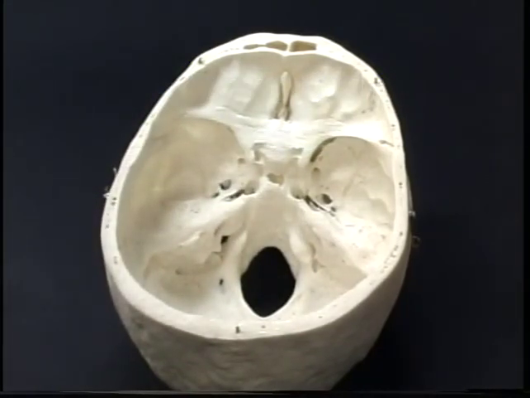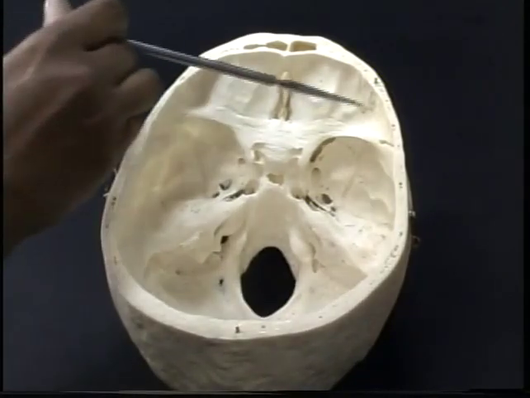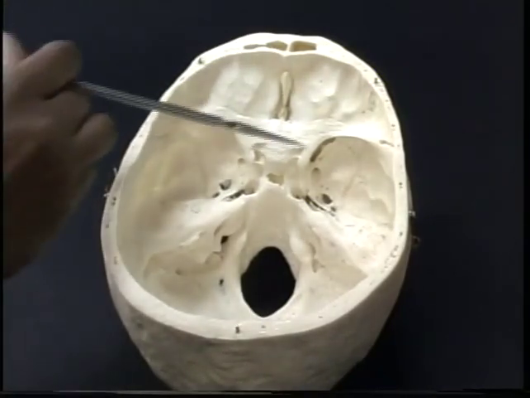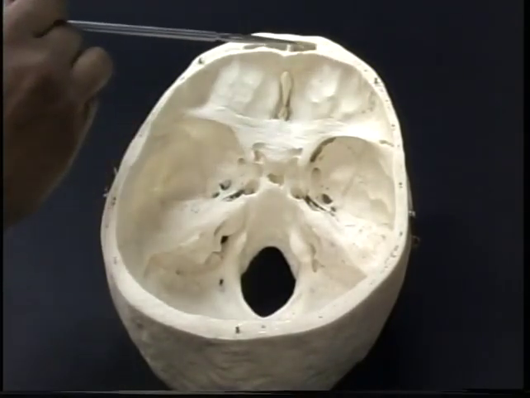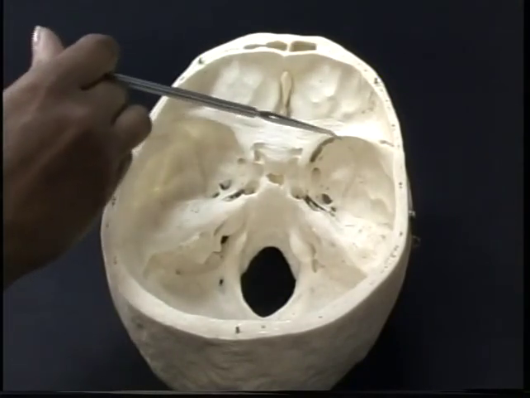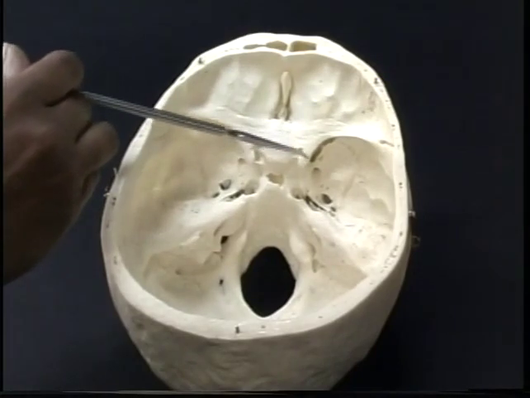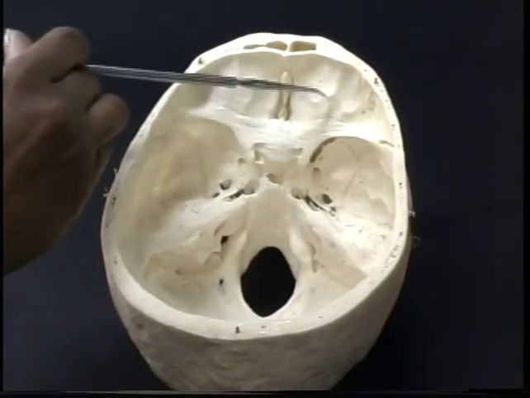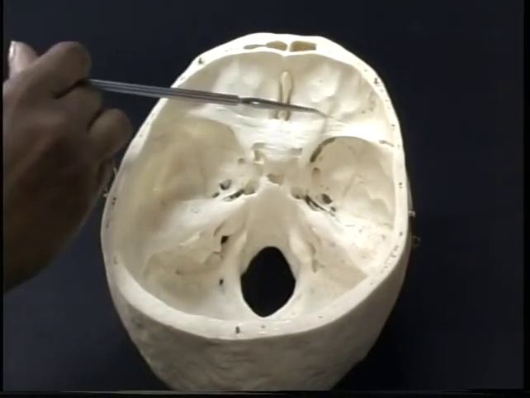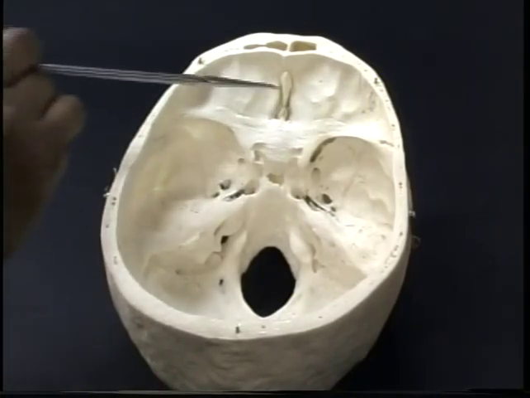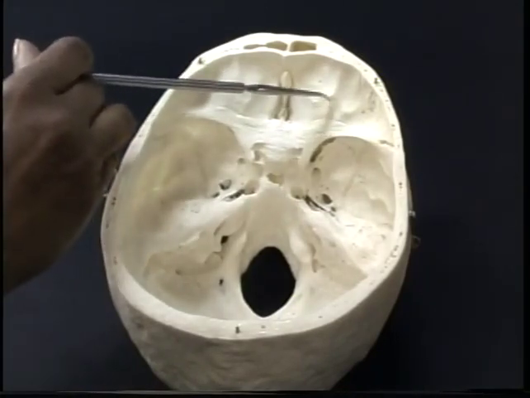I am going to start with the anterior cranial fossa. This is bounded by the frontal bone, and on the posterior aspect, this is the lesser wing of the sphenoid. These plates on each side are the orbital plates of the frontal bone.